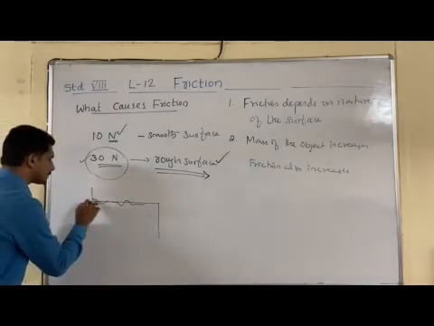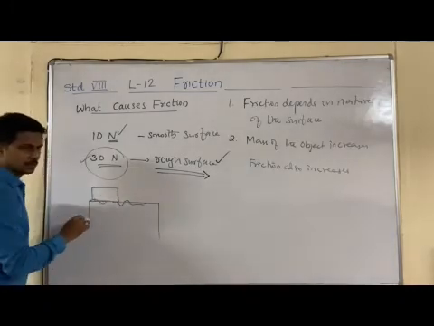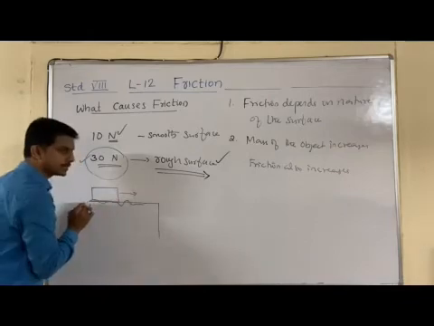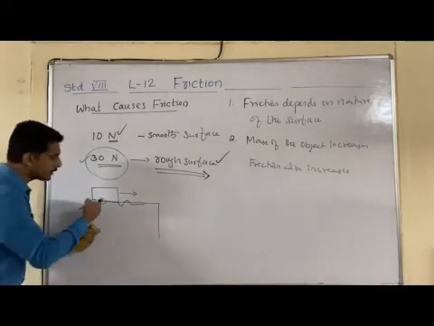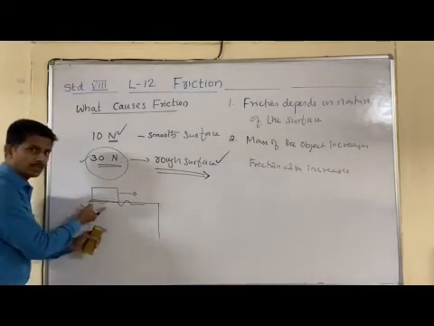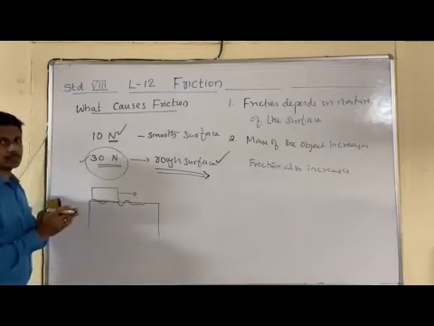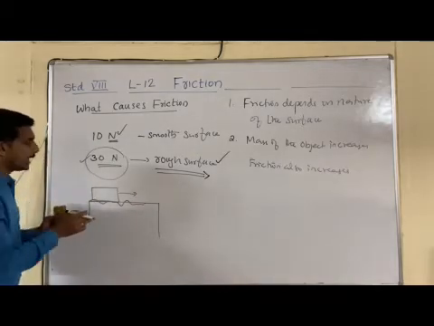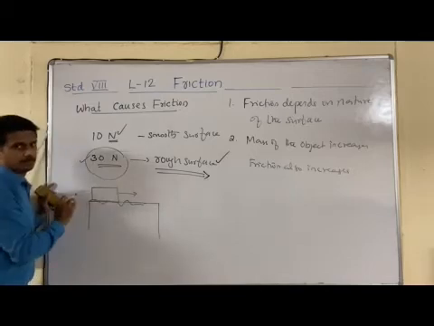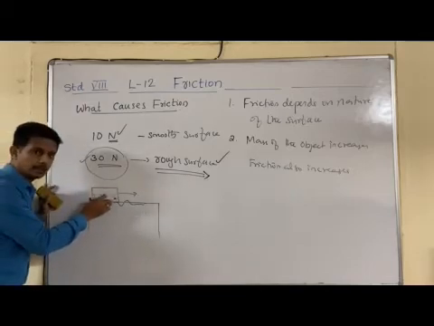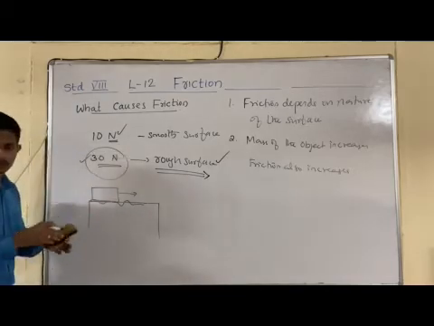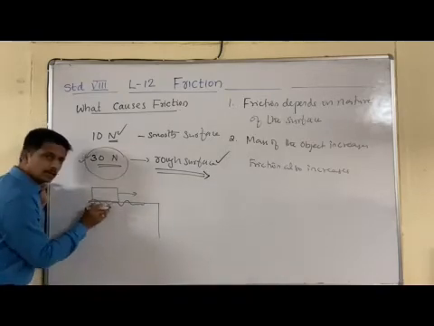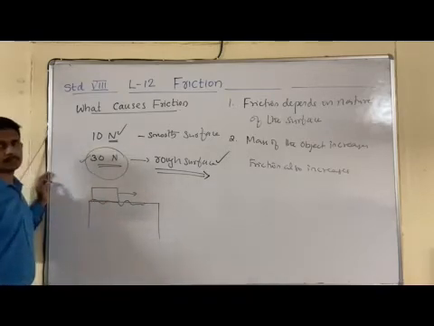When another object is trying to move over the surface, what will happen? These grooves and ridges come in contact with each other, which increases the friction. They are caught together, and the frictional force increases.